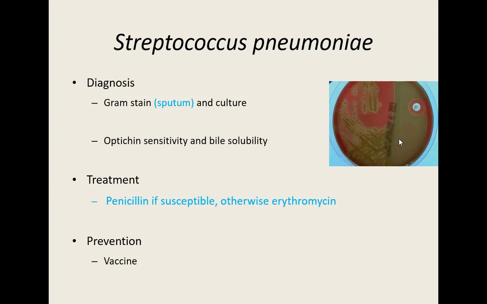Treatment, still treatable. Penicillin's the top treatment. If it's becoming resistant to it, as some strains are, then we switch over to erythromycin, still quite treatable. A bonus, though, is we do actually have a vaccine for Streptococcus pneumoniae. I think I just last week saw a commercial, the first time I've seen an actual commercial advertising this particular vaccine, because the ones that are going to suffer the most severe side effects are the elderly and immunocompromised.